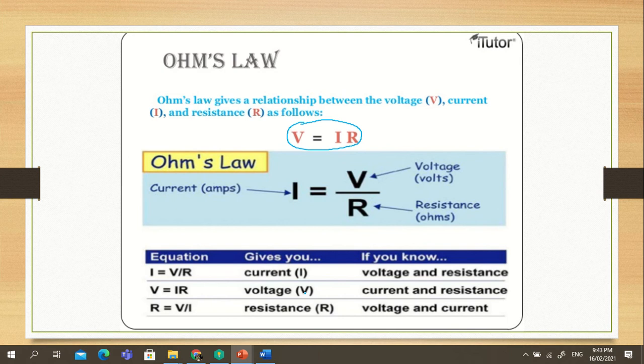Or if you are asked to solve for the resistance, you must know the voltage and current. Using this ratio, V divided by I, voltage divided by the current in amperes, you will be able to find the resistance. But take note, class, this is true only for constant temperature.